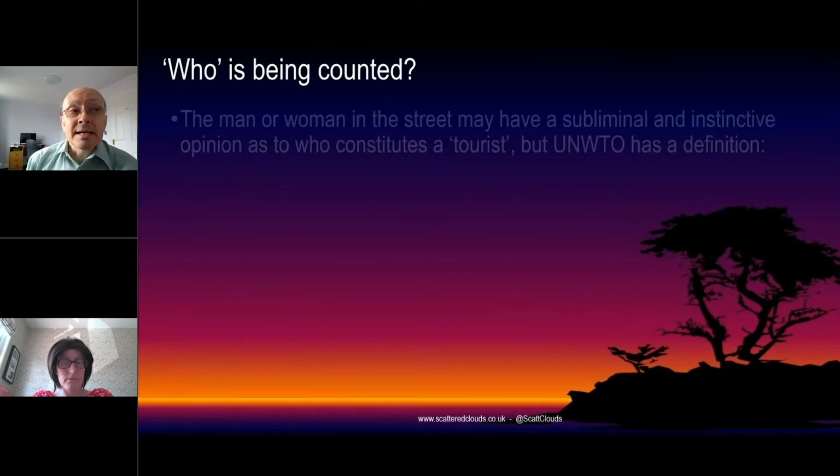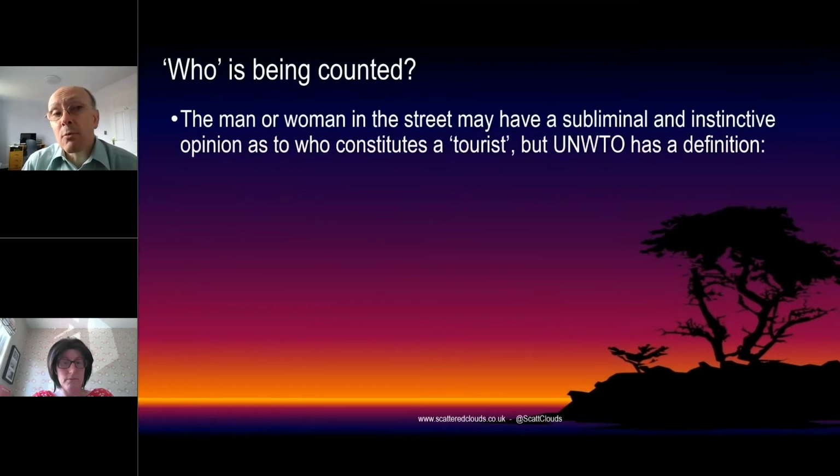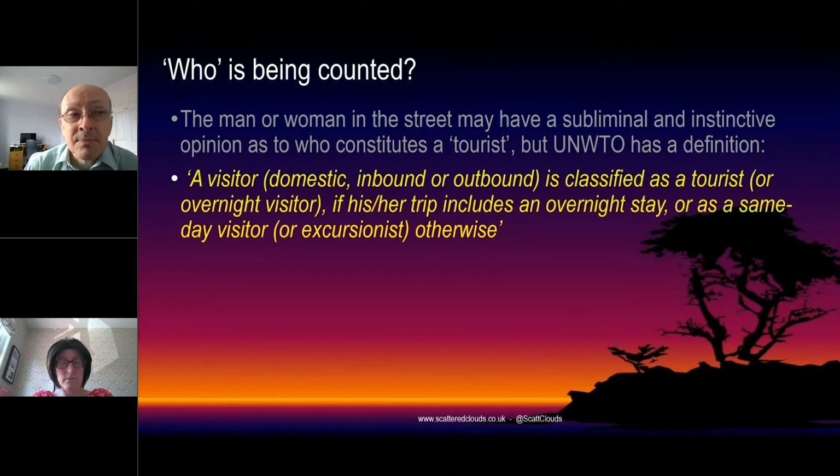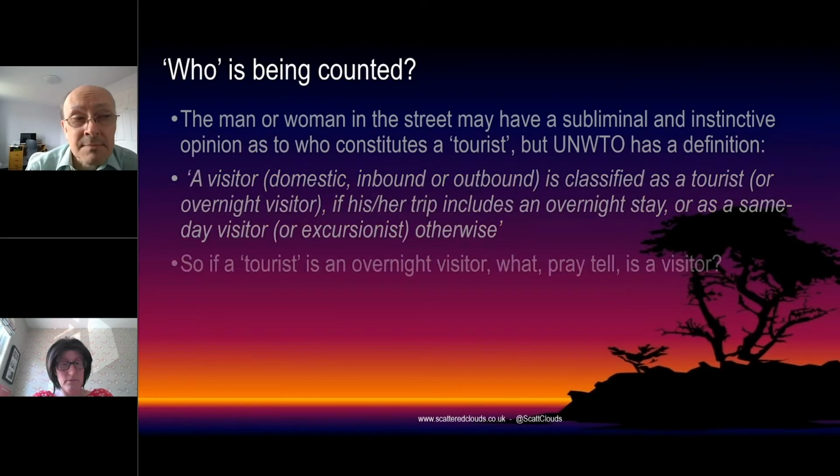Who is actually being counted? Well, the man or woman in the street may have a subliminal or instinctive opinion as to what constitutes a tourist, but UNWTO actually has a definition, and here it is. A visitor, domestic, inbound or outbound, is classified as a tourist or overnight visitor if his or her trip includes an overnight stay, or a same-day visitor or excursionist otherwise.